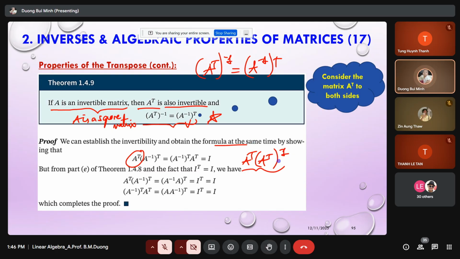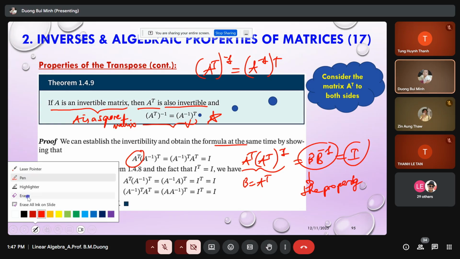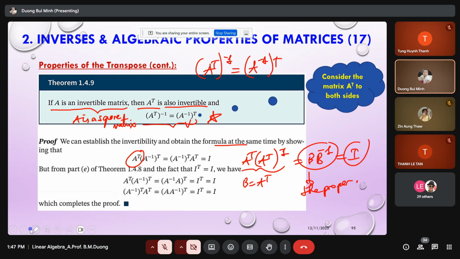If we say B is the transpose of A, then this becomes B times the inverse of B, and this becomes the identity. This is the property of the inverse.